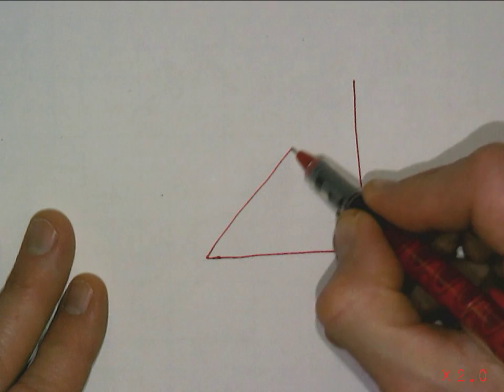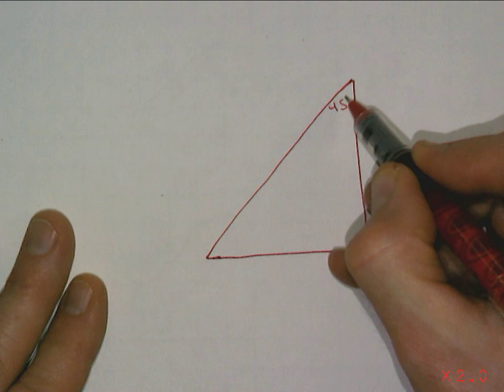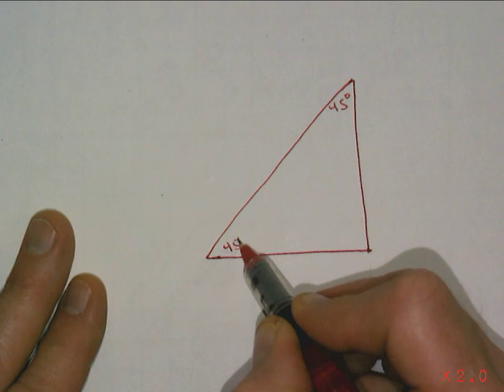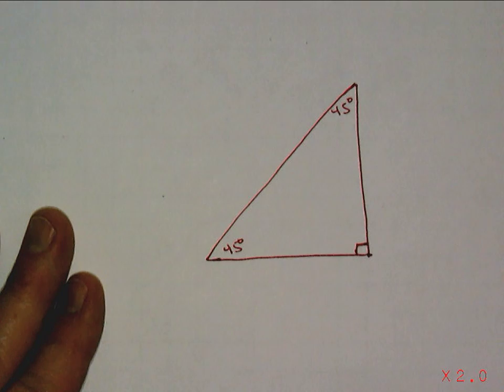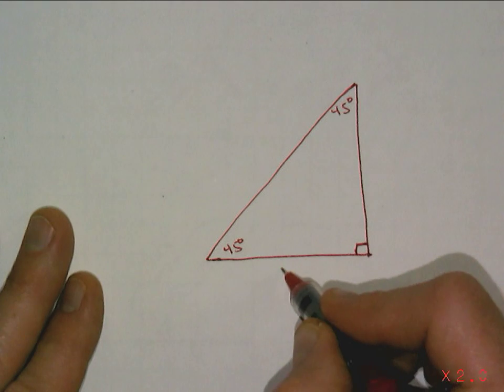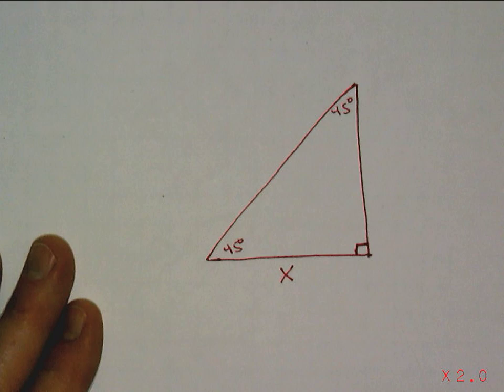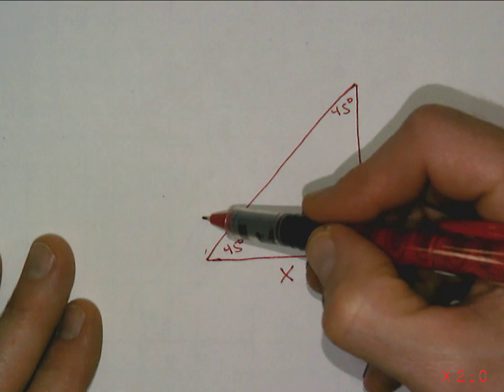And if I just simply said, for any 45, 45, 90 triangle, if I know what the side length is, we'll call this x for this side length. And remember, this is really just half of a square.